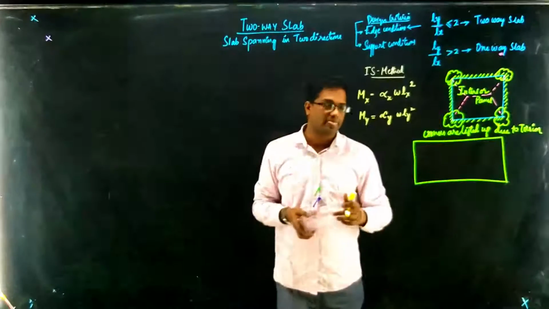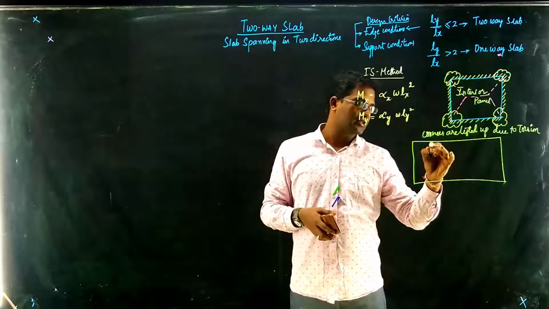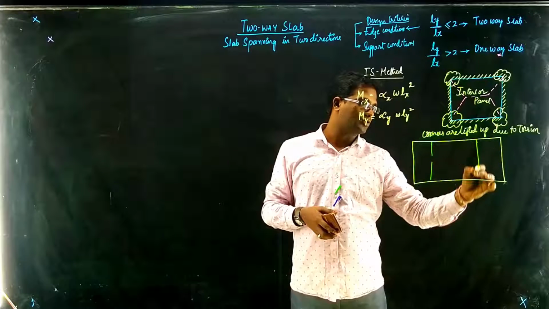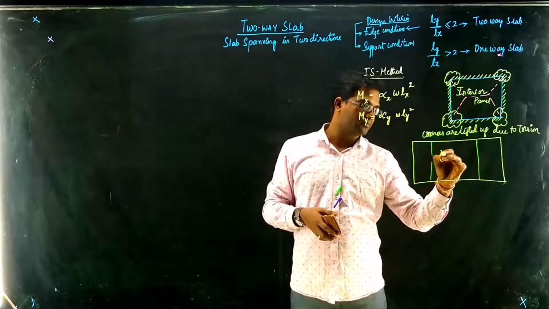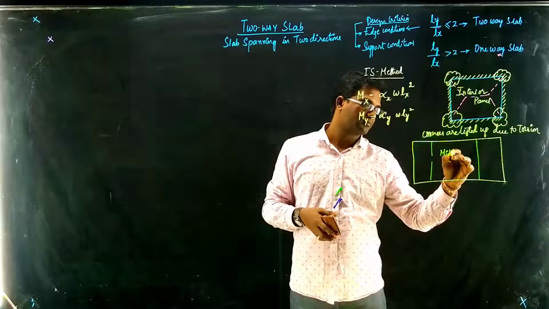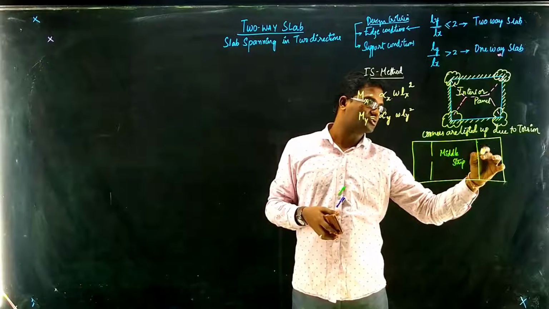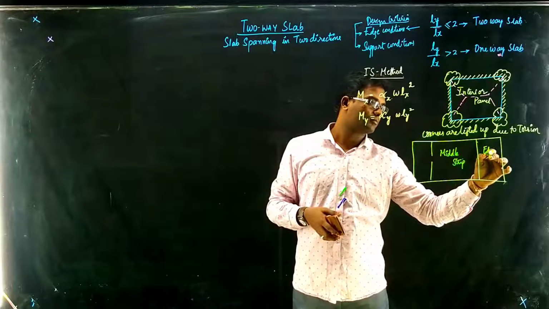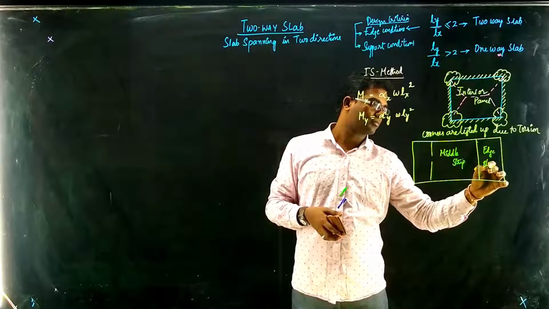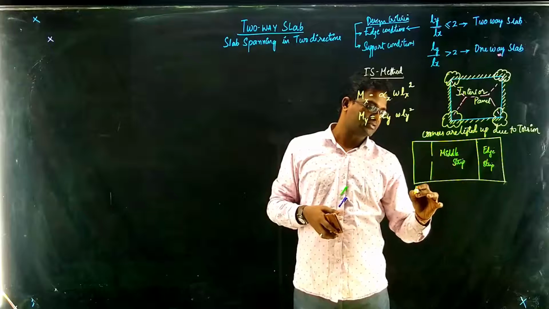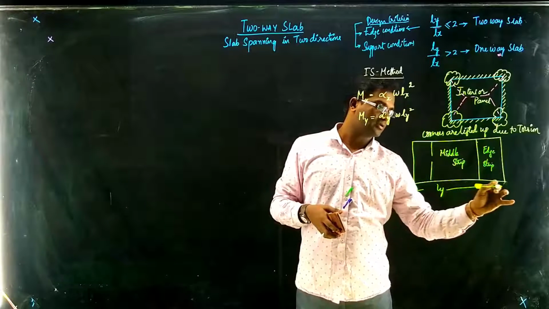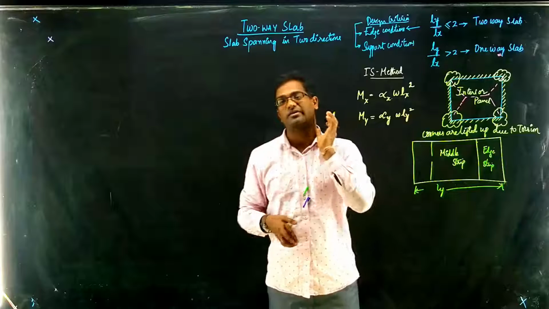Also, it is said that your entire slab shall be divided into middle strip and edge strip. This is for the longer span, and this is also applied for the shorter span.